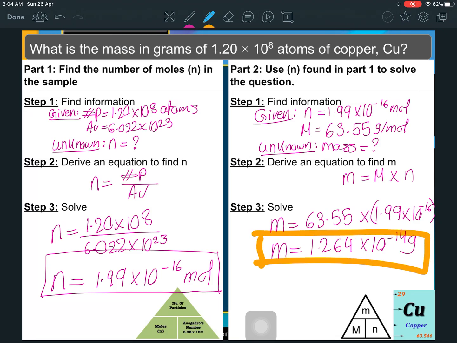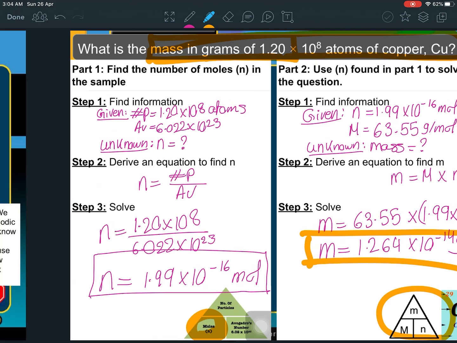All right? So remember, when you get a question that gives you something from one triangle, but is looking for something in another triangle, what you need to do is find your number of moles based on whatever they gave you. So let's say they gave me the mass and they asked me to find the number of atoms.